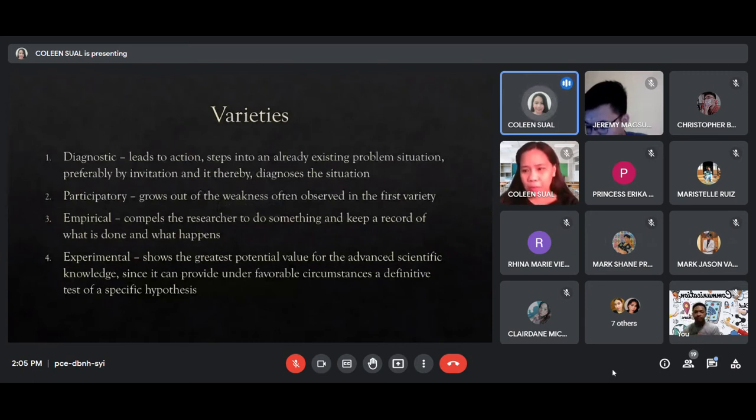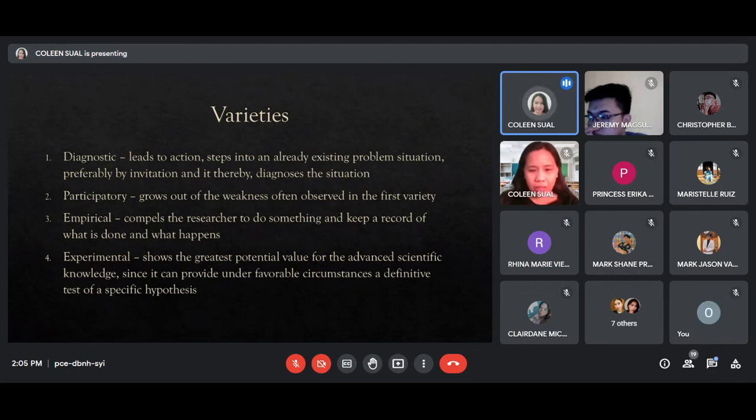There is a problem, there is a condition, you describe it, you identify the issues, and you propose solutions to the problem. It's participatory. You cannot present a reliable research if you did not involve yourself in the study. It's empirical. It must be experienced.